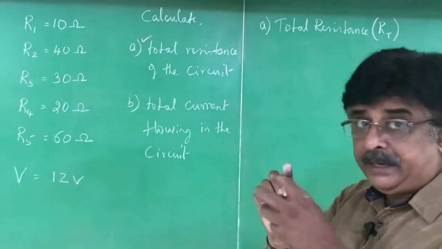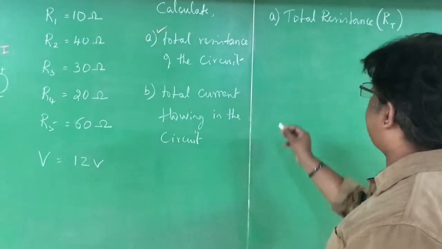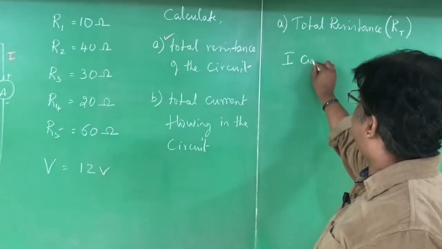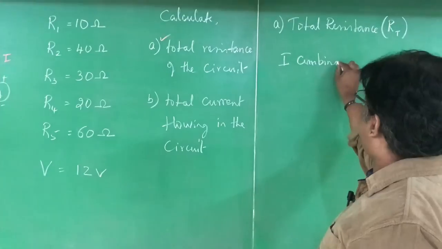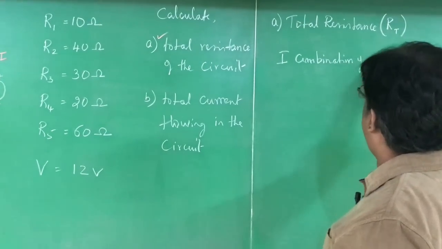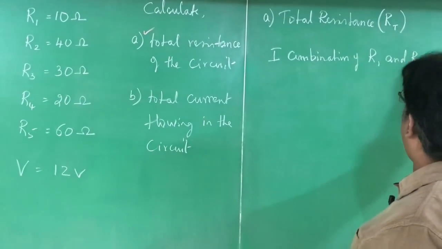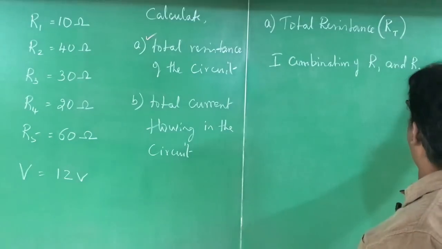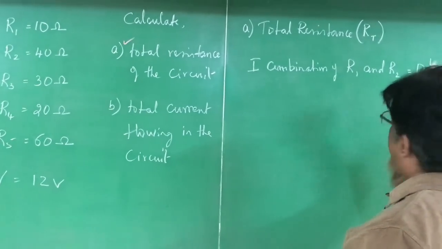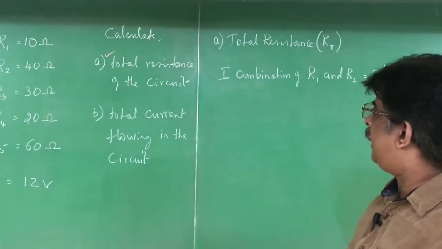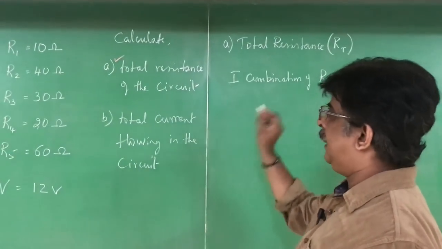Here there are two combinations now. The first combination of R1 and R2 I take as R dash. Therefore, they are in parallel.